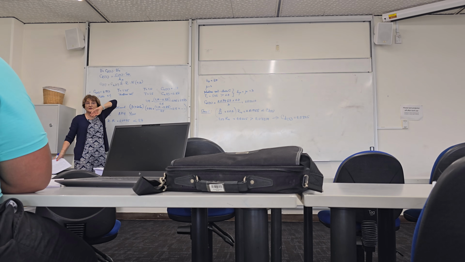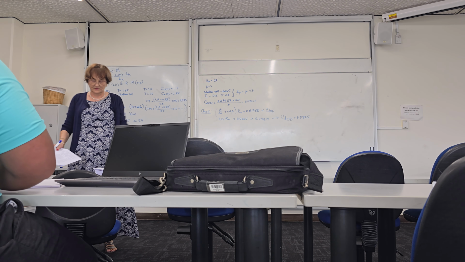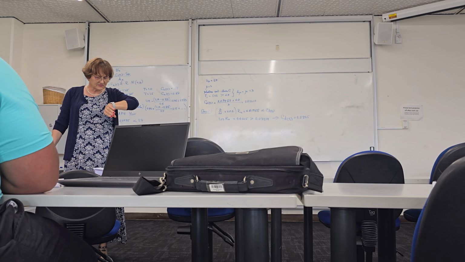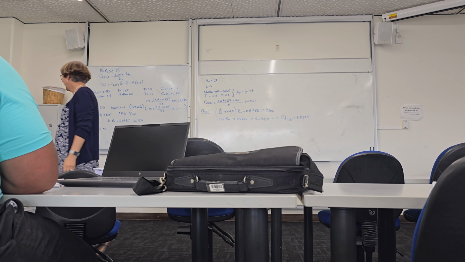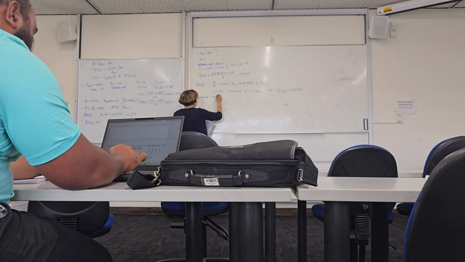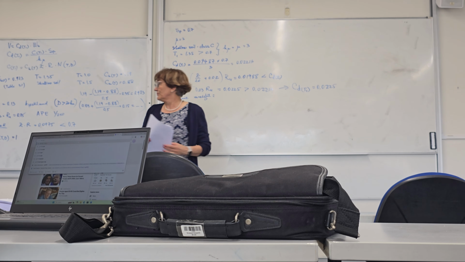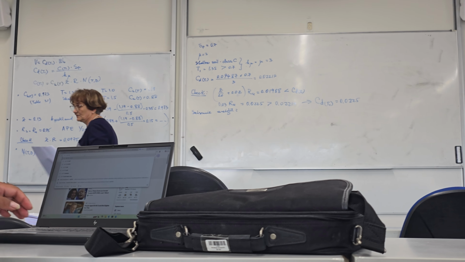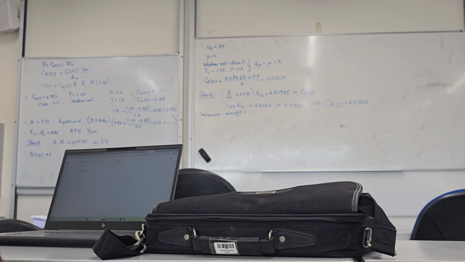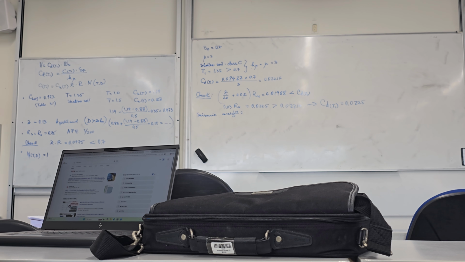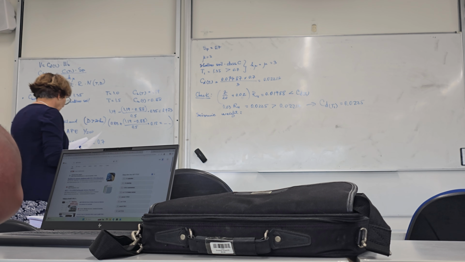We have to calculate the total weight of the building. If you have a look at your drawing, in this case we have only two levels: level 1, level 2, and a roof.